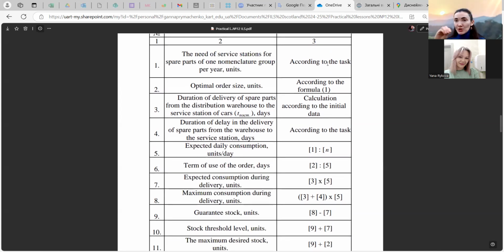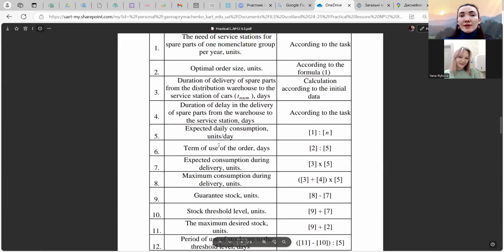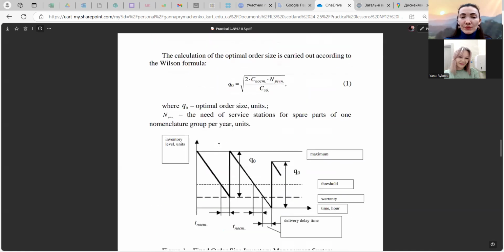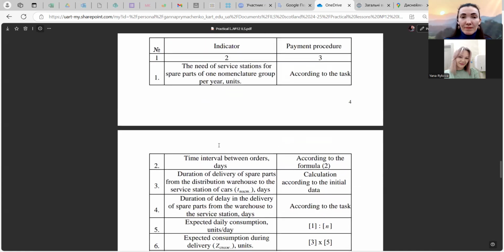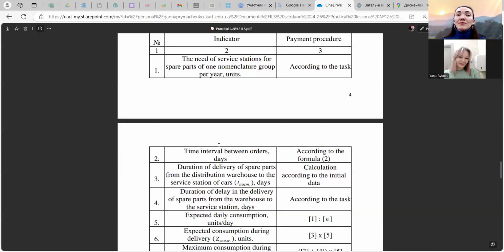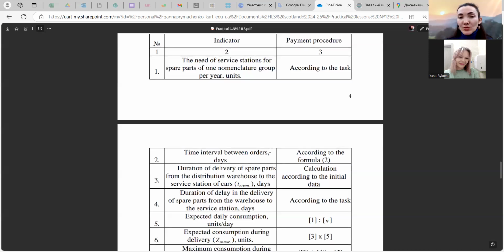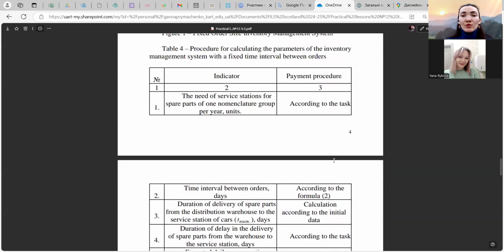So you can rewrite point number 1 from the previous table, as well as the optimal order size. Here we need to find the time interval between orders and to calculate it with formula number 2. So the first point is the same as in the previous table, but the second we need to calculate. Find our formula number 2.